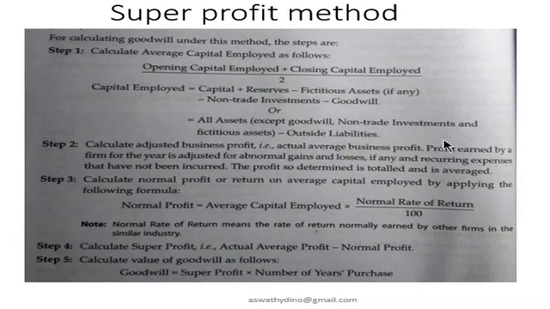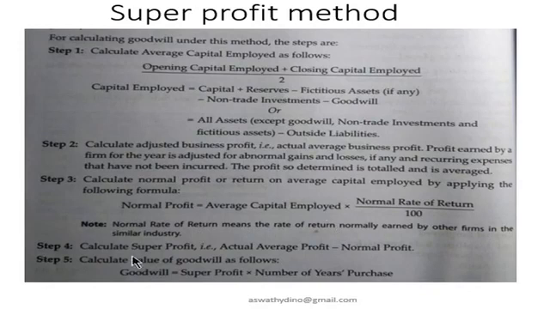Then step 3, calculate normal profit, or return on average capital employed, by applying the following formula: normal profit is equal to average capital employed into normal rate of return divided by 100. The normal rate of return means the rate of return normally earned by other firms in a similar industry.